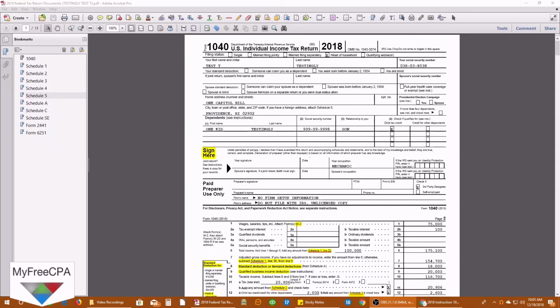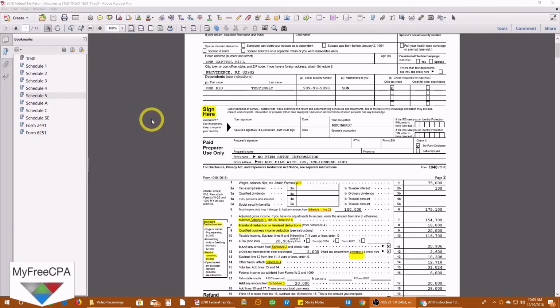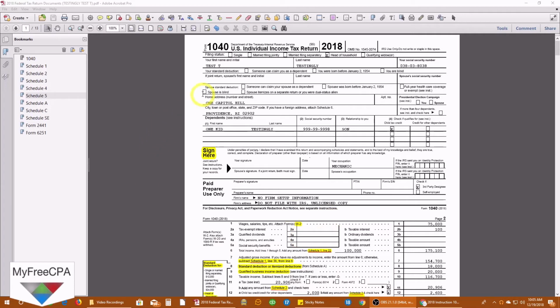Schedule 1 through 6 are supporting schedules for the actual 1040, which is 1 page. So, I mean, he didn't lie. It's 1 page. The problem is he took what used to fit on 2 pages and created a 7-page monolith out of it. So let's take a look.